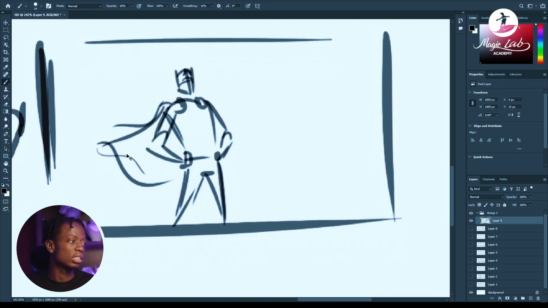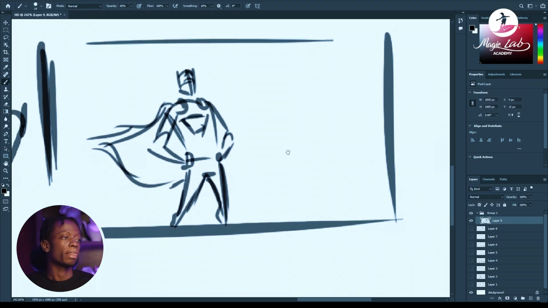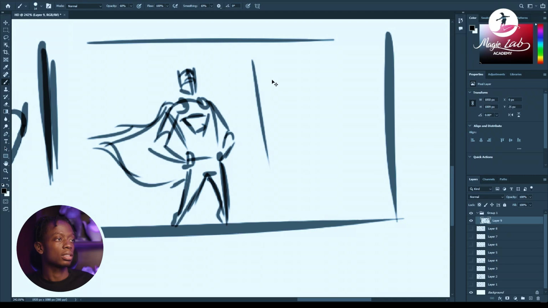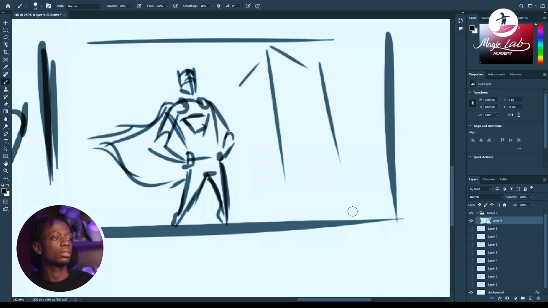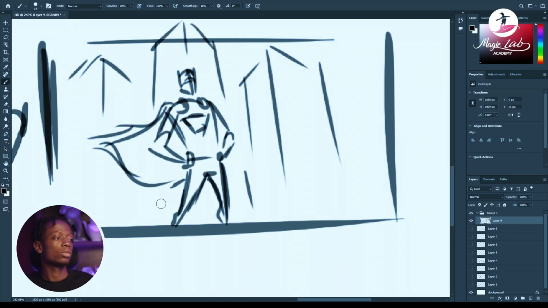This is his moment. He just maybe saved the day, destroyed maybe his enemies or something, and then he's right here. We have the whole city structure like this. This would pass as his heroic moment.